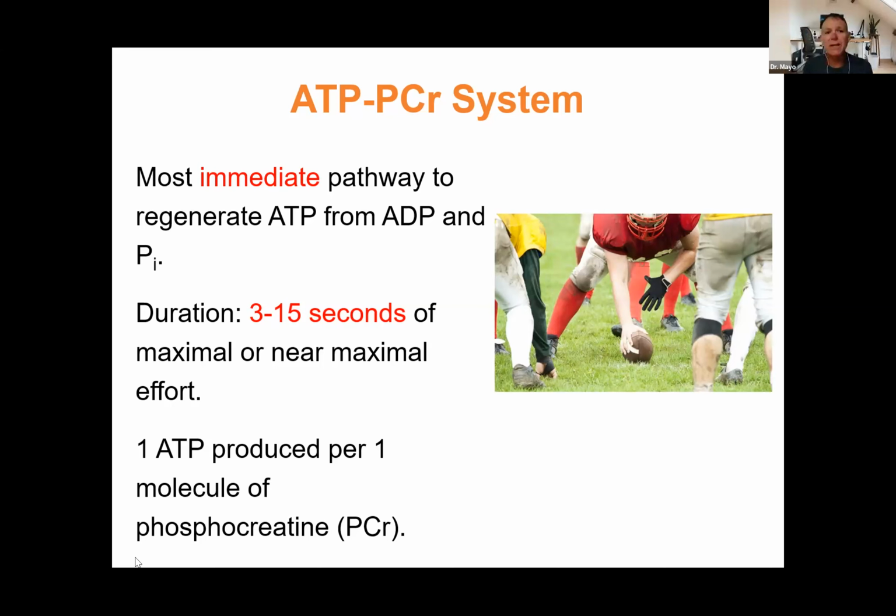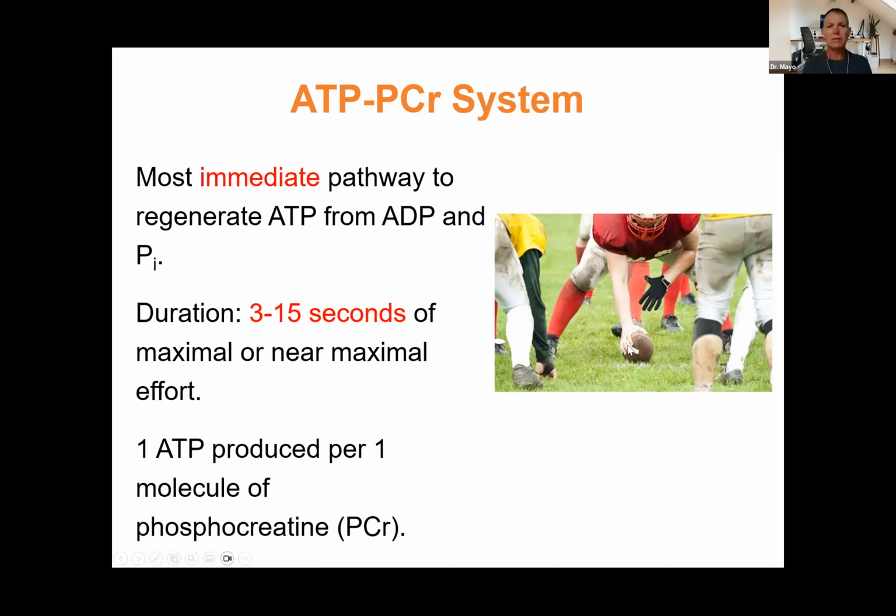So the most common example is a football play or baseball, right? Running to first base, second base, maybe even third, where it's only going to take a few seconds. Running down a ball in the outfield would be an example of that. But think about the football. I always pick on the old lineman, like this center here.